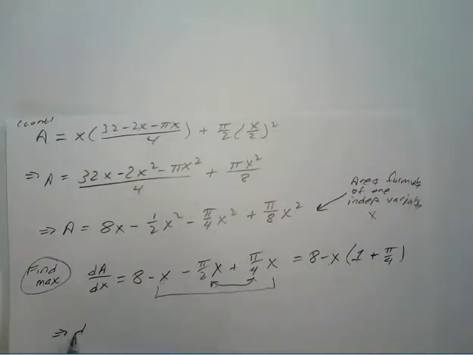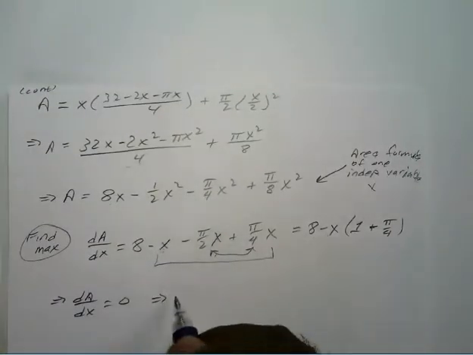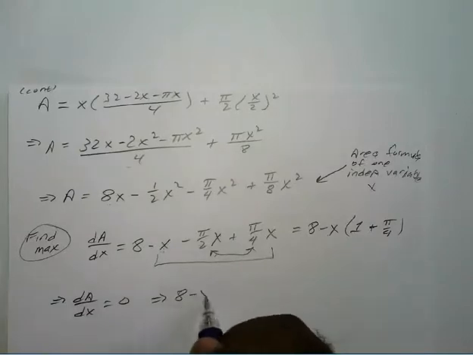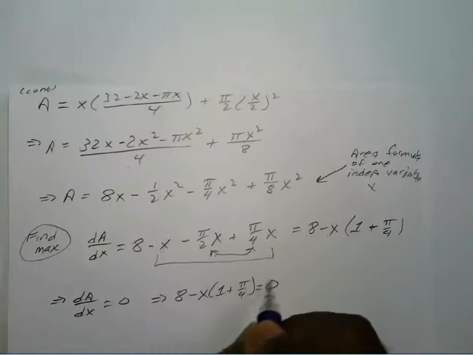So of course, we have to find whether our first derivative is equal to 0, which means we want to know where 8 minus x times 1 plus pi over 4 is equal to 0.